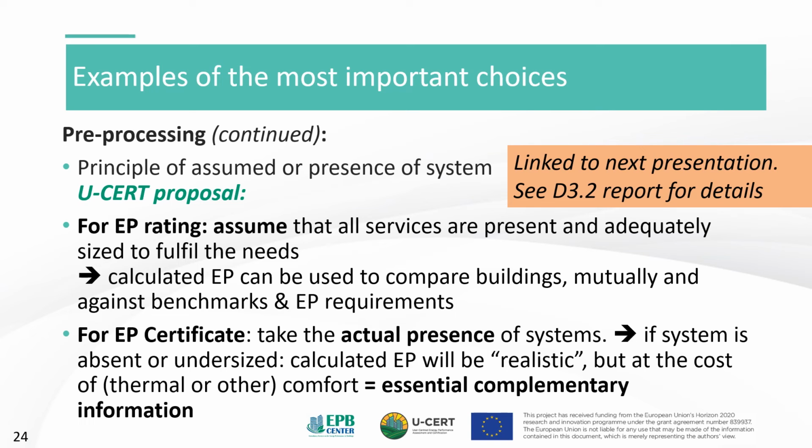So in this case it's extremely important that an indication of the discomfort is also given at this high level of the EP certificate to show that a probably over-optimistic energy performance is due to discomfort.